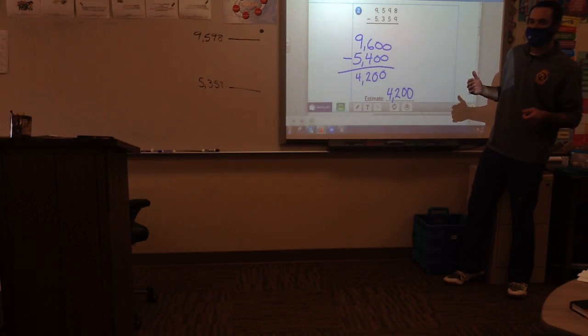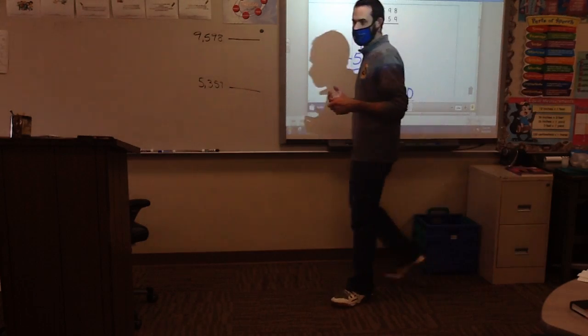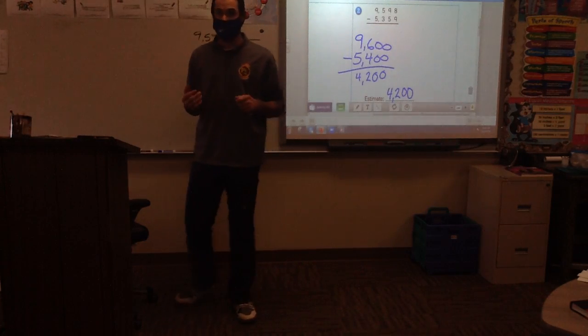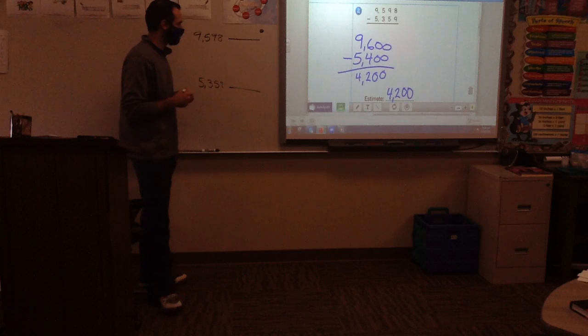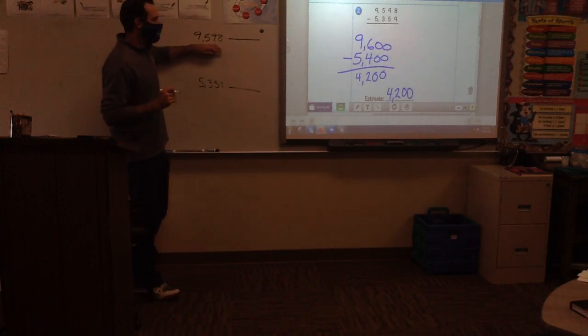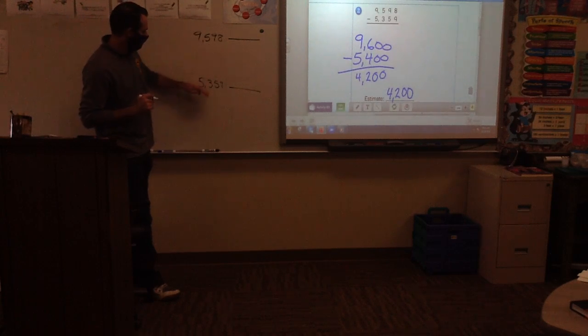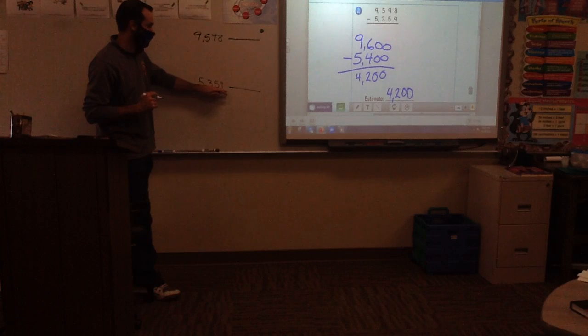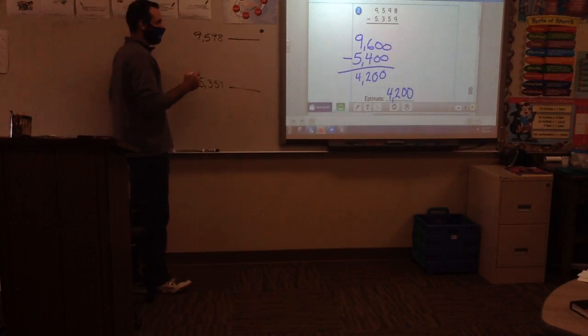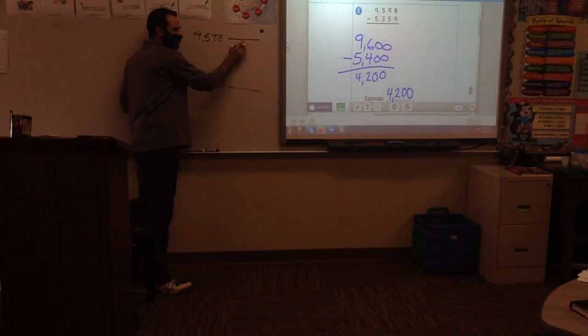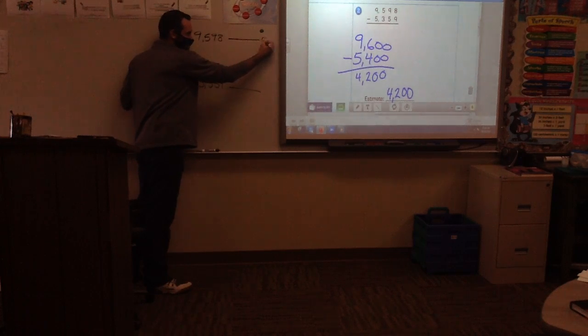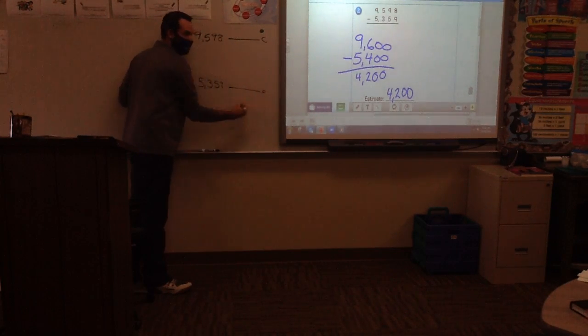Now, subtraction's a little bit more difficult to figure out if your estimate is bigger or smaller, and I want to show you why. Here we have 9,598. You guys see that? Here we have 5,359. And we're changing those numbers a little bit. So I like to think about this as being a ceiling and this being the floor.